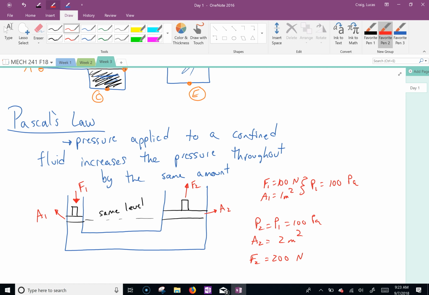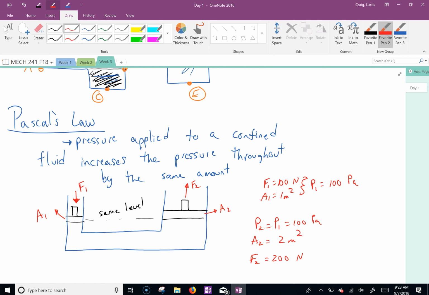If we apply a force of 100 newtons over there, that equates to 100 Pascals of pressure, which applies at the same level, same liquid, the same pressure there. Therefore, we now have 200 newtons of force going up.